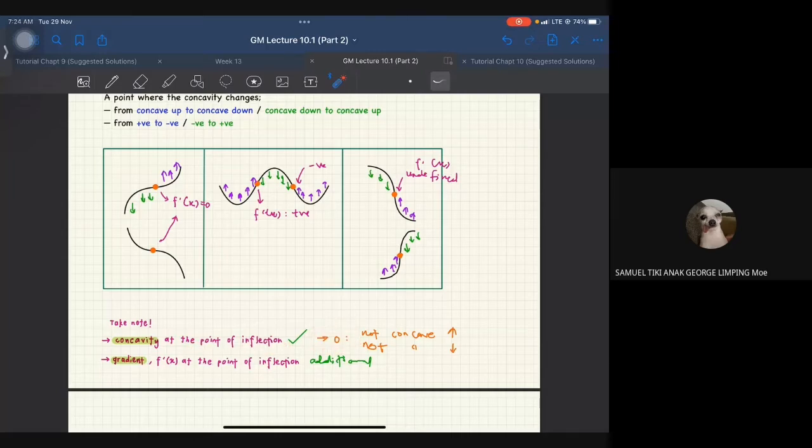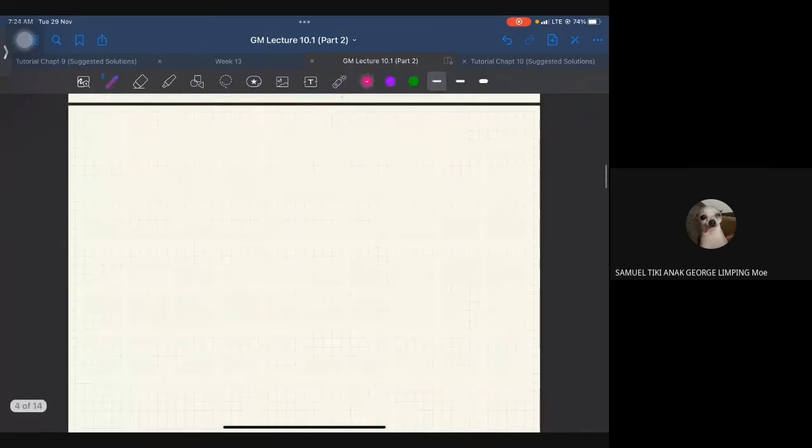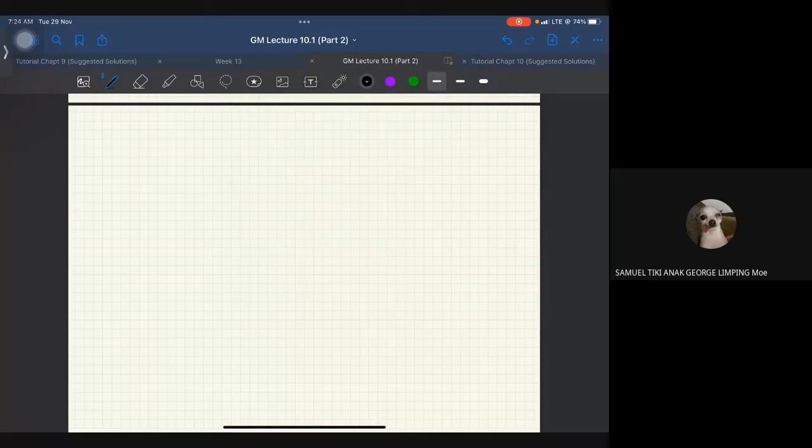Okay, so I forgot to explain a concept to you, right? So let me just write this one dekat sini. Okay, so bila kita differentiate a function, okay, so kita akan dapat first derivative. Okay, so first derivative, it tells you about the gradient of your graph at that point. Okay, gradient.